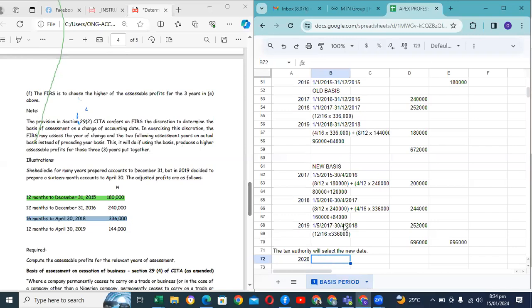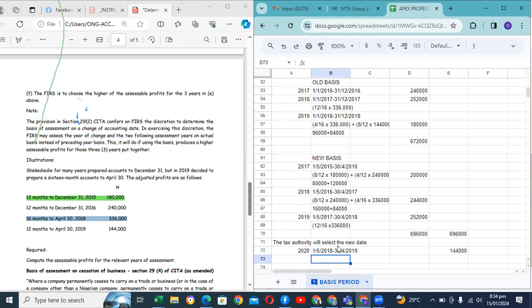All right. So you start the day after. What's the day after? 1/5/2018 to 30/4/2019. So what's the amount? 144,000.